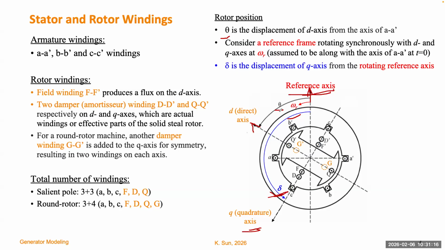Because we define the position of Q as delta, there will be this simple relationship. If we know theta, we subtract the angle increase by time, omega t, and then we add another 90 degrees, because Q is leading D by 90 degrees. Then this will be delta. Okay, so if t is 0, theta is 0 and omega t is 0.